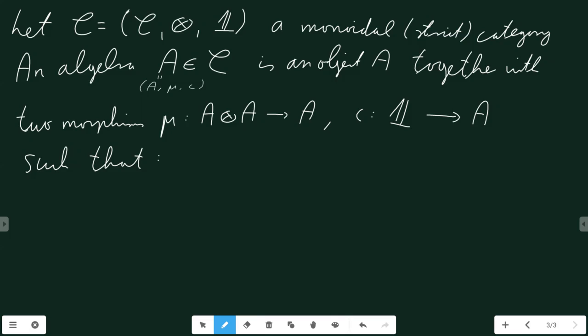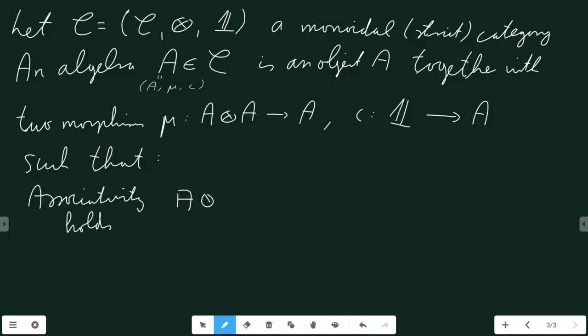And if you think about it a little bit in terms of categorical diagrams, it would be the following. Such that associativity holds, and that's the following commutative diagram.